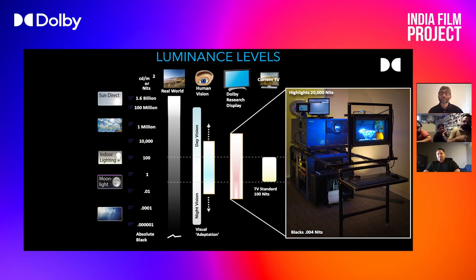An LCD screen was taken, but instead of using the regular backlight, which wouldn't go bright enough, a huge projector was used as a backlight to illuminate the screen to extreme brightness.